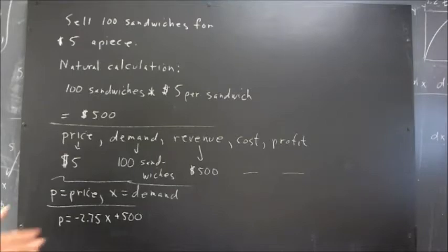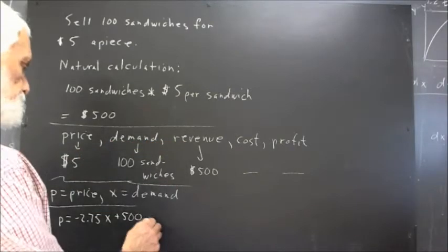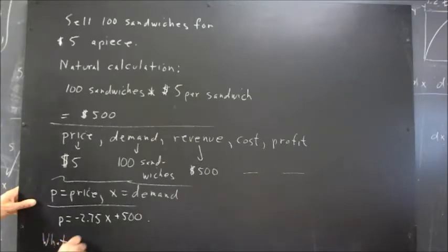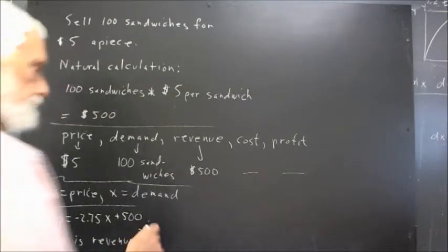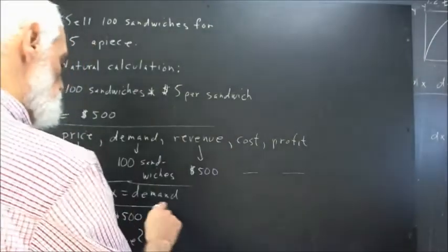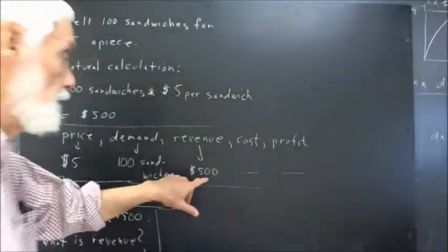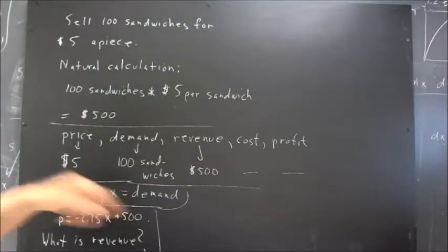Now, how are price and demand related to revenue? Because the question now asks, what's our revenue function? So what is revenue? Well, as we see from our example, to get the revenue, we multiply our price by the number we sell, or the price times the demand.